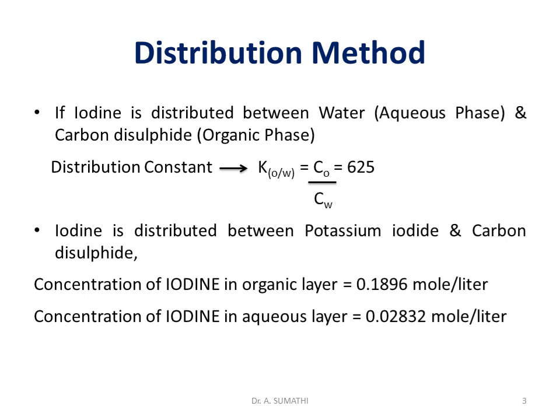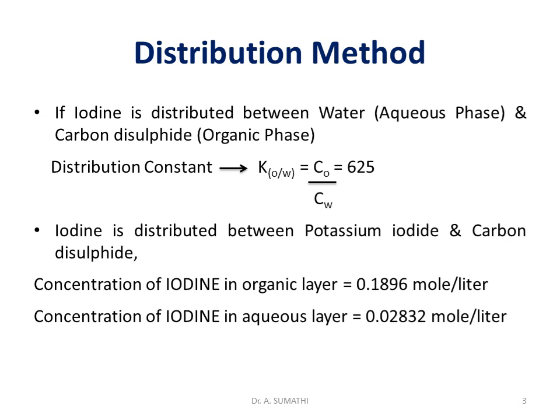Concentration of solute in the organic phase. Cw? Concentration of solute in the aqueous phase. There is no need to worry about the numerical values here. The distribution constant is given by K of O by W equal to Co divided by Cw.